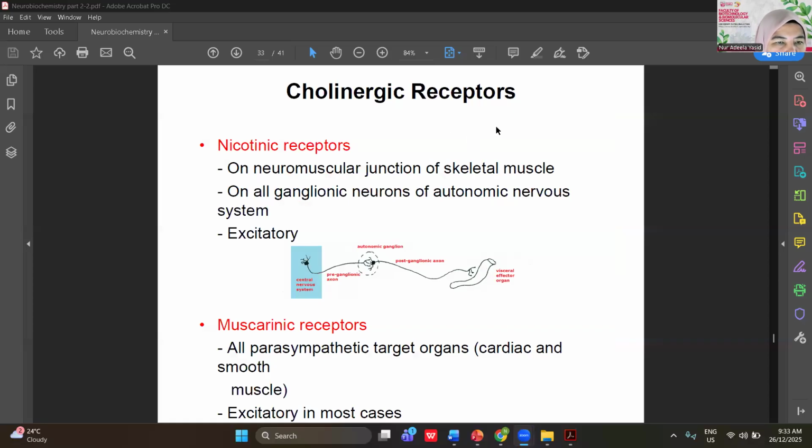How about cholinergic receptors? Let's look at them. The nicotinic receptor can be found at the neuromuscular junction of skeletal muscle and at all ganglionic neurons in the autonomic nervous system. Nicotinic receptor is basically excitatory, triggering action potentials or muscle contractions.